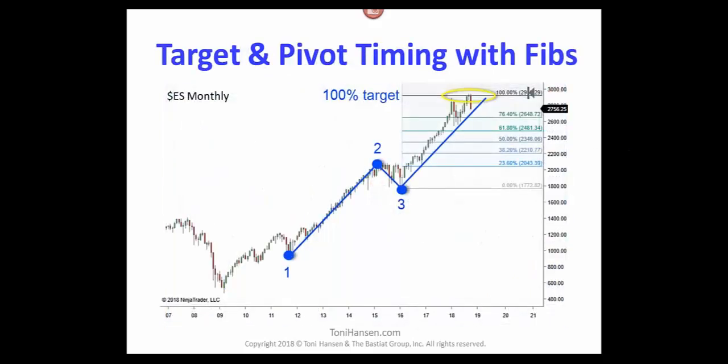So here is an example of this where we're looking at the ES. This is a monthly time frame of the S&P 500. As those of you who follow me live know, we were looking for reversal strategies, not only on the monthly time frame but also on the daily time frame at both of these highs, because we were coming into these measured move resistance levels forming on the monthly time frame.